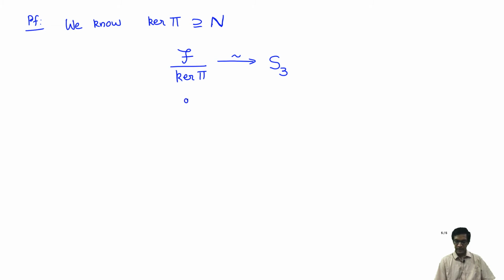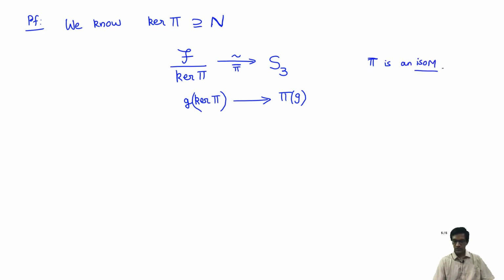If I take an element g in F and look at the coset g kernel pi, the coset of g is just mapped to pi of g. That is the isomorphism that comes from the given map pi. So maybe I'll call this map pi bar, which is just induced by pi. So pi bar is an isomorphism of groups.